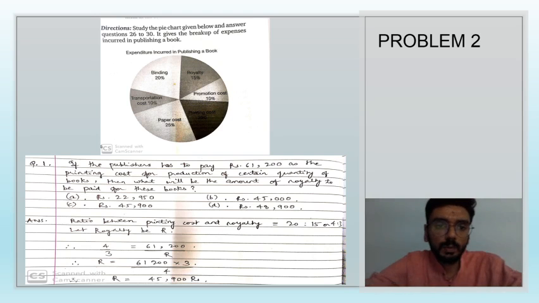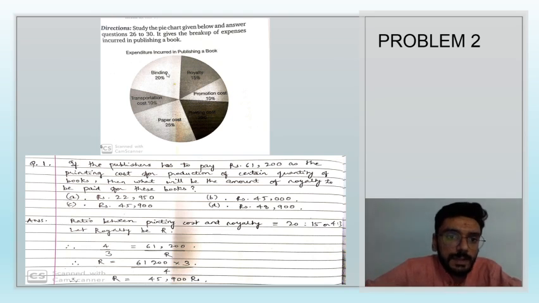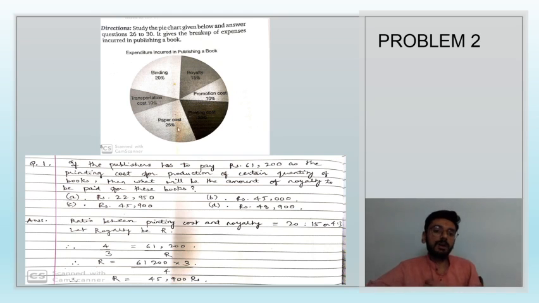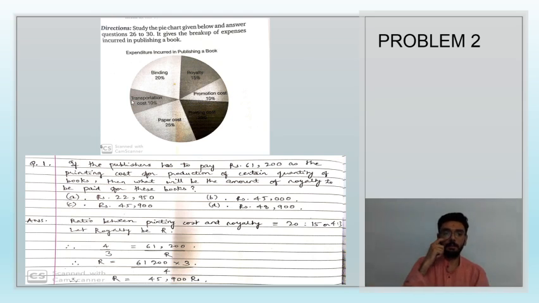Just look at the pie chart once. 15% of the expense is towards binding, 20% is towards royalty, 15%. Promotion cost is 10%. Printing cost is another 20%. Paper cost is 25%. Transportation cost is 10%. Let us move to the first problem.